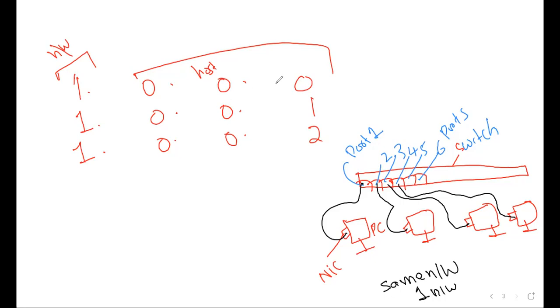In class A, I have from 1 to 126. Which number should I take? You can take any number. Let's say I'm going to take the first one, number 1. So I need an IP for this computer. What IP should I give? As I said, the remaining 3 octets are for the host.